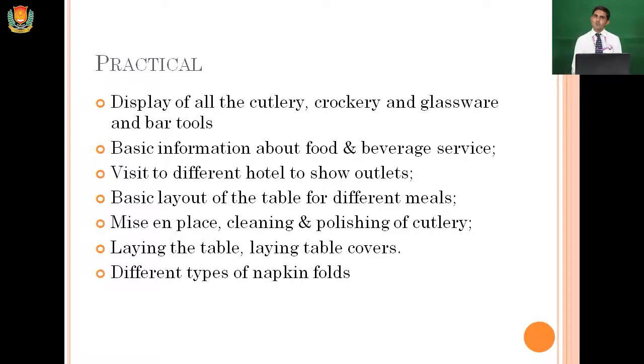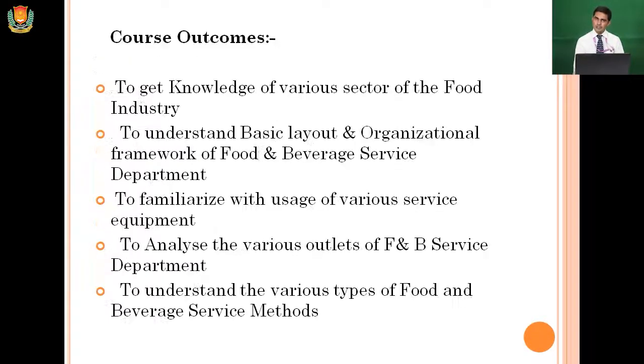What is the course outcome? After completing this syllabus, what are we expecting from you? To get knowledge of various sectors of the food industry. The second is to understand the basic layout and organizational framework of the food and beverage service department. To familiarize yourself with the uses of various service equipment, how this equipment works.